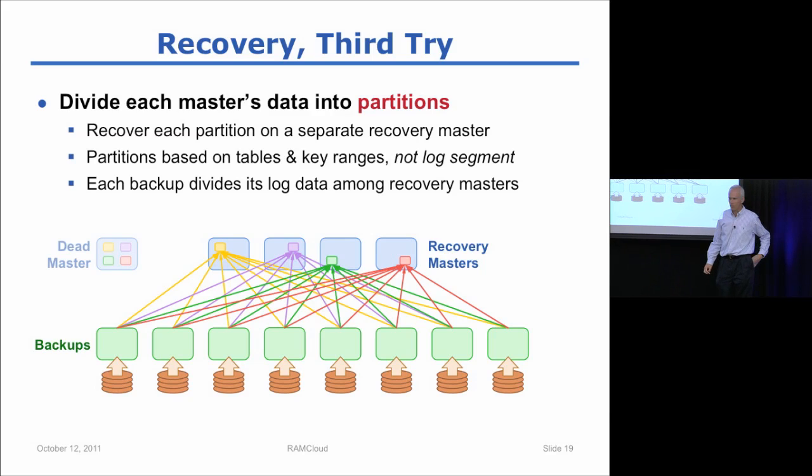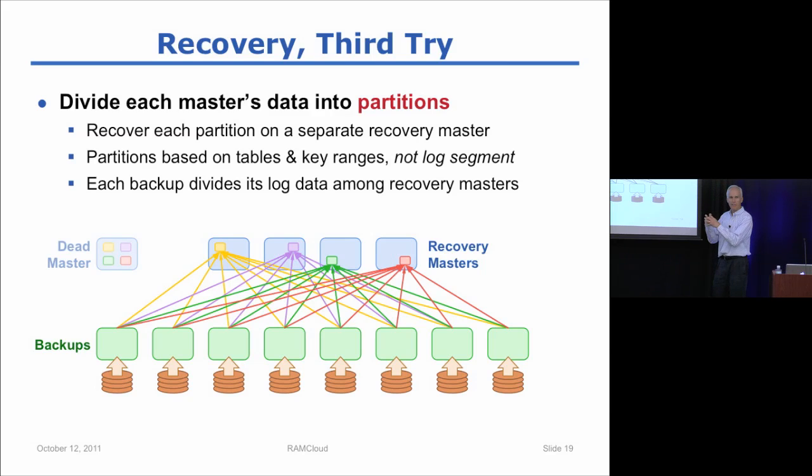And then there's this massive parallel pipeline that gets exercised during recovery, where each backup reads the data from its disk, and then divides that data up into pieces, one piece for each of the recovery masters. That data gets shipped over the network to that master, and then the master replays just the portions of the log for certain objects.